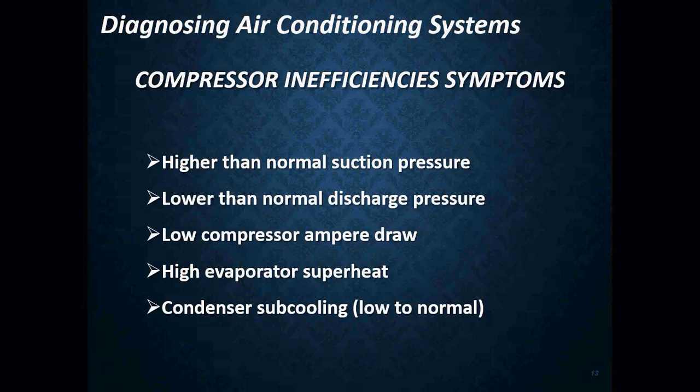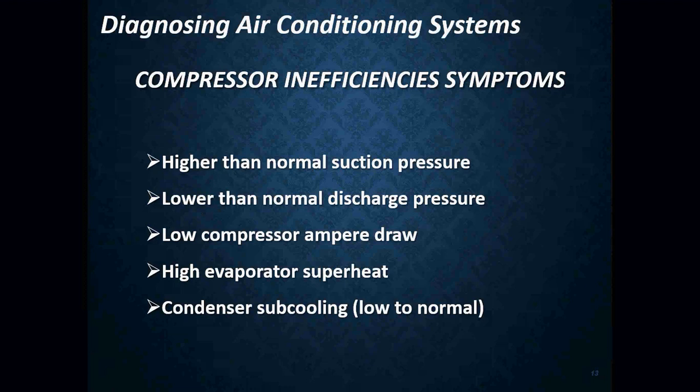Now, compressor inefficiencies: you're going to have a higher than normal suction pressure, lower than normal discharge pressure. You're going to have lower compressor amperage draw, high evaporator superheat, and condenser subcooling can be maybe low or somewhat normal. Okay?